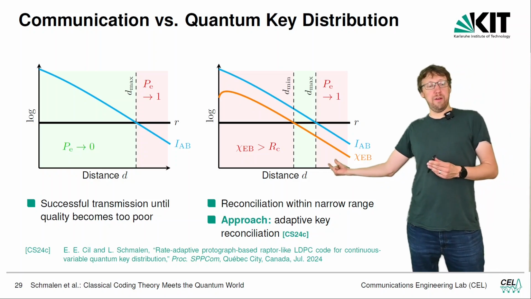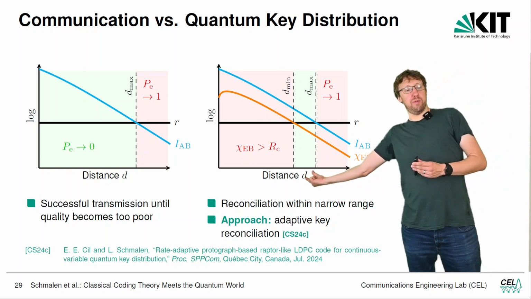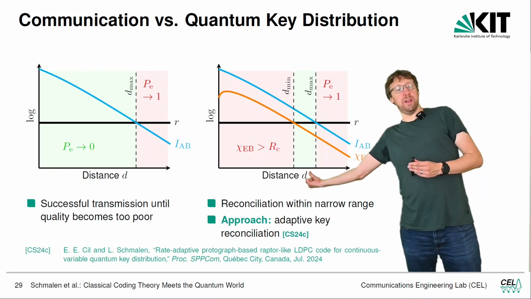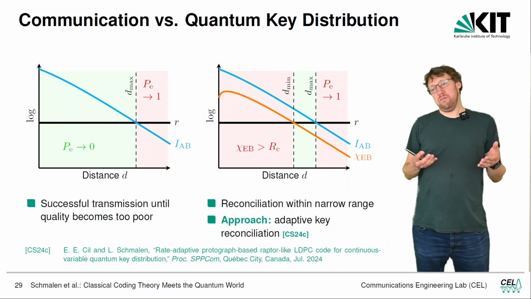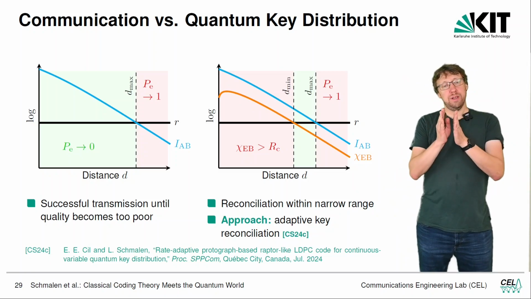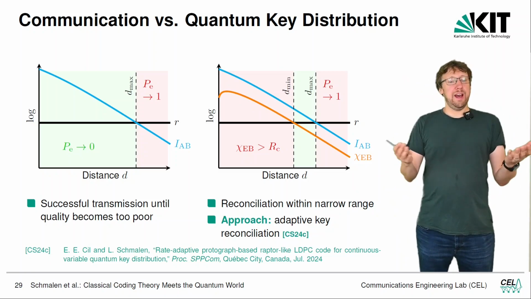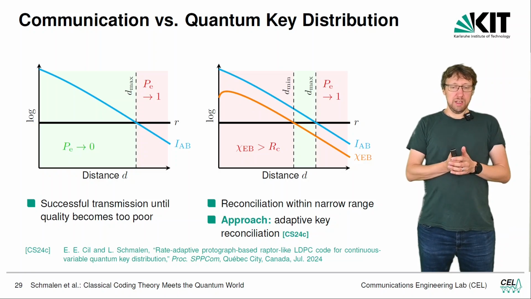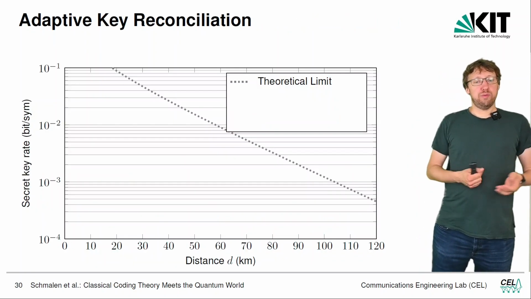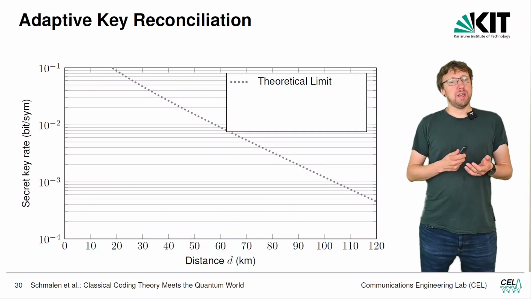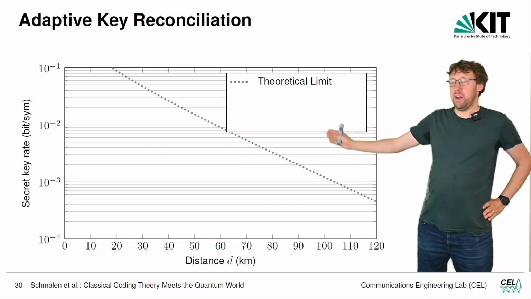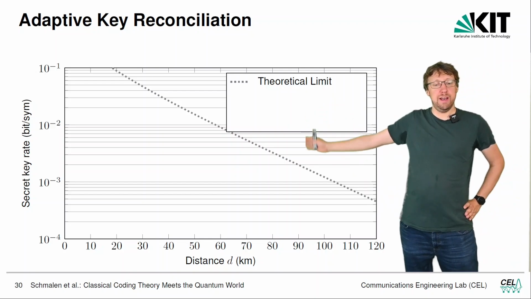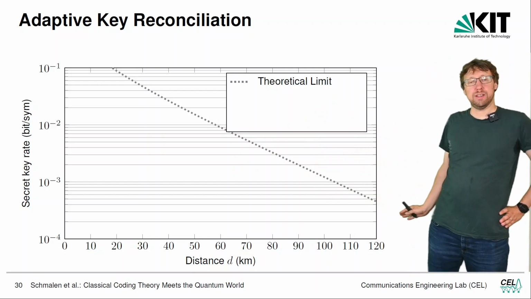So you have a very, very narrow range of operation where you can actually operate your code. And this is why we don't want to build systems that operate at one specific point, but we need adaptivity. And this is why we proposed an adaptive key reconciliation. And here you can see the theoretical limit of the secret key rate as a function of the transmission distance of our optical fiber.